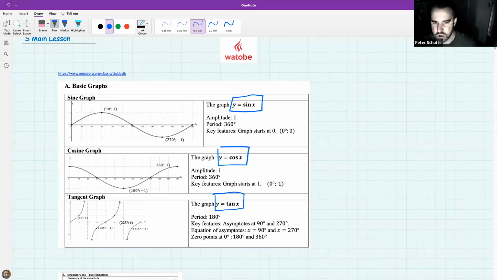I want to ask you to start with, what are some of the differences that you notice between the sine and cos graphs and the tan graph? Just take a moment to look at some of those basic bits of information. The things that you notice that are different, just put them in the chat. What do you notice that are different between the two basic types of graphs?